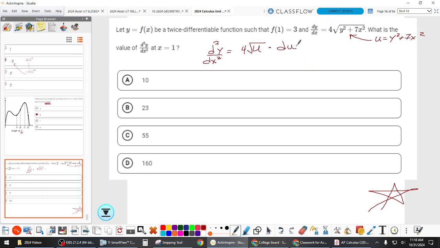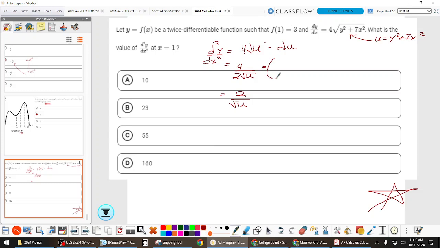Okay, so 4 root u, the 4 stays, and we get over 2 root u, which is 1 over 2 root u. Sorry, 2 over root u. Everybody good on that part?